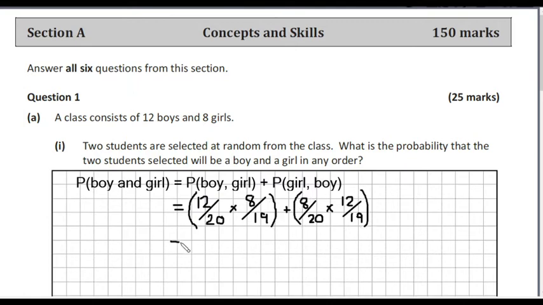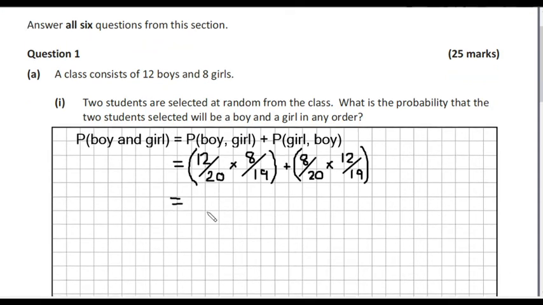So when you multiply fractions, this can be simplified, but it's a case of just multiplying the 2 tops and the 2 bottoms, so it's going to be 96 over 380, plus, again, the same thing over here, 96 over 380.